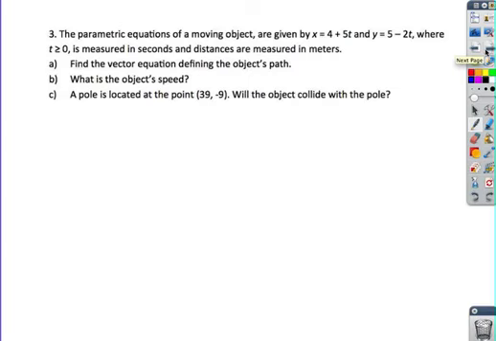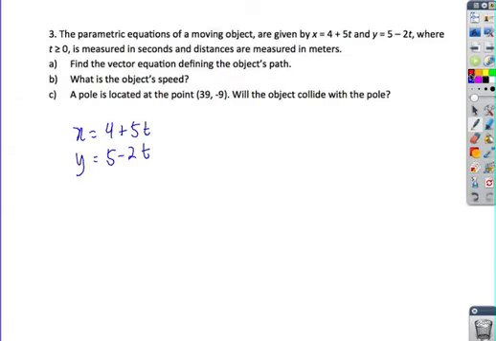Question number 3 here. We have a couple of parametric equations, all right? And if you'll notice, x is equal to 4 plus 5t, y is equal to 5 minus 2t. If you write them above each other, you might recognize that this is basically the vector form.